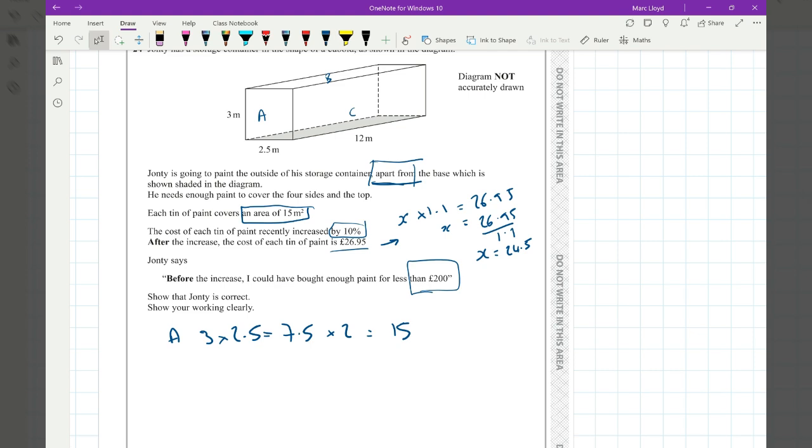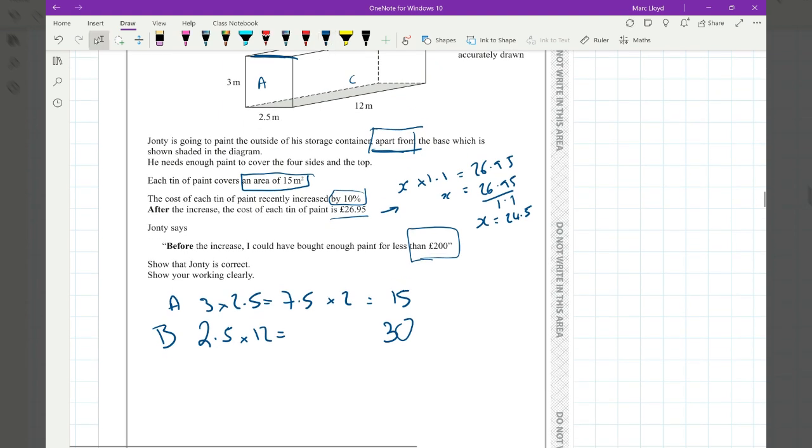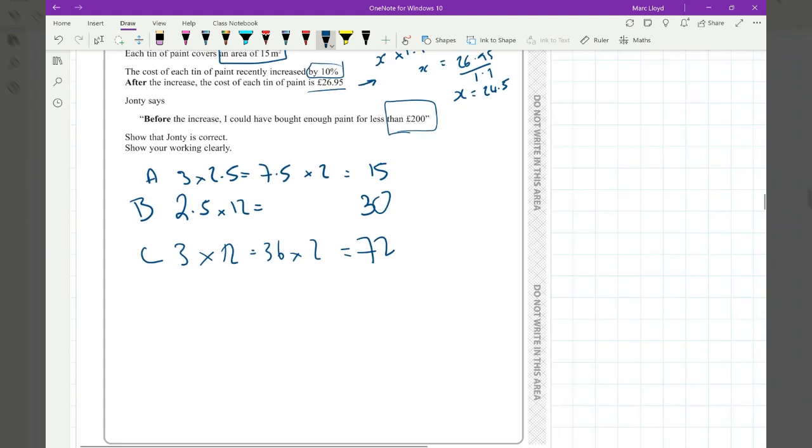For B, we've got a length here of 2.5, and then it's got the width of 12, which is 30. It's not times by 2 because that's the top, and the pair for this one would be the base, and we're not using the base at all. And then for C, it's got a height of 3, multiplied by 12, which is 36. And then we've got two of them, which is 72.